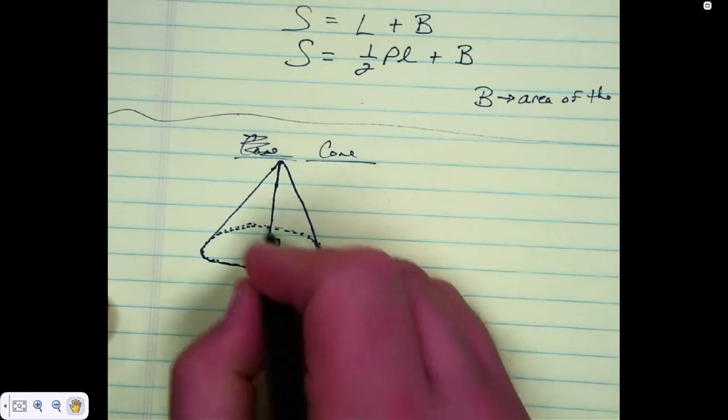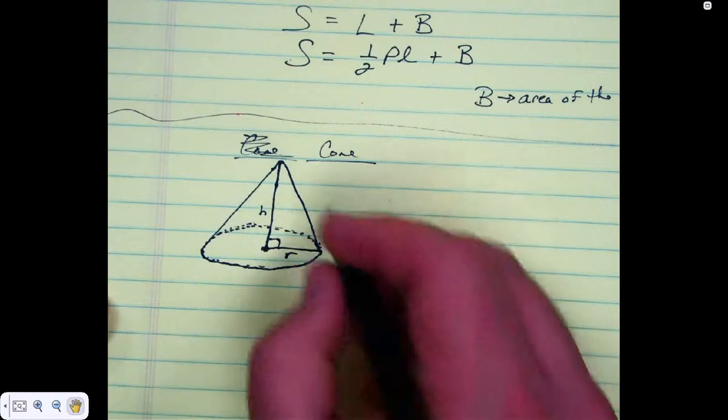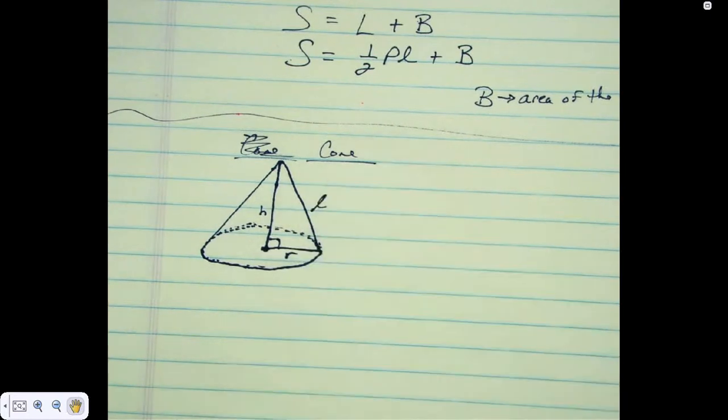That's your height, right? This is your what? Radius? What is this? That's L, isn't it? That's your slant height.